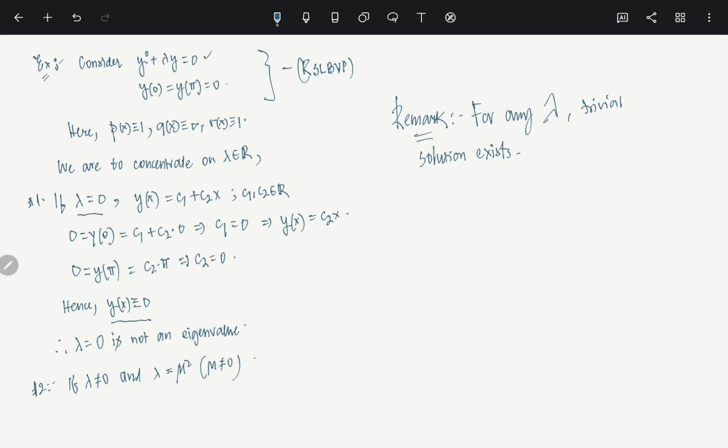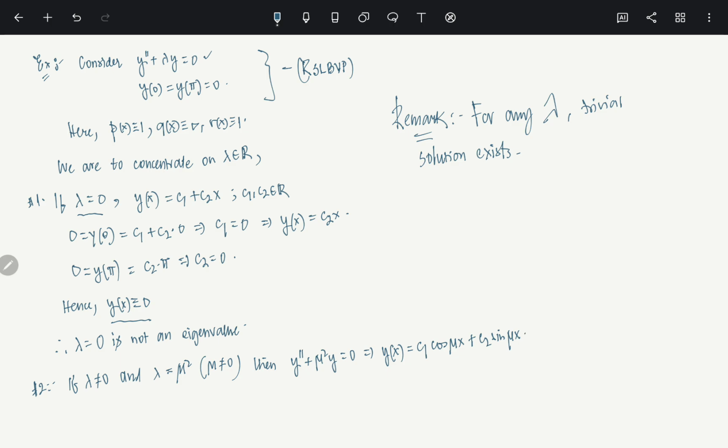In that case, the equation is y double prime plus mu square y equals 0, which implies y of x equals c1 times cosine mu x plus c2 times sine mu x.